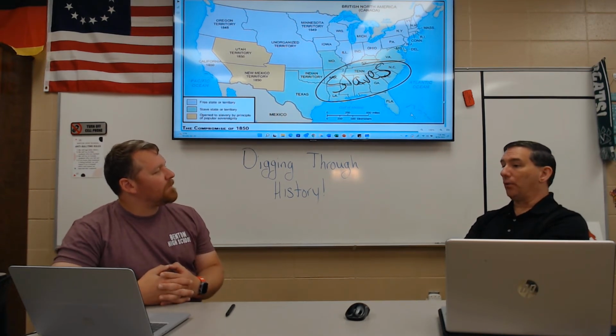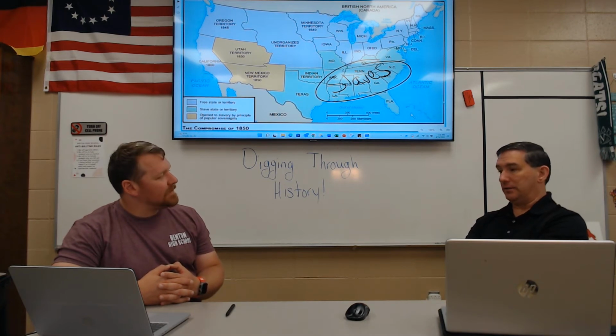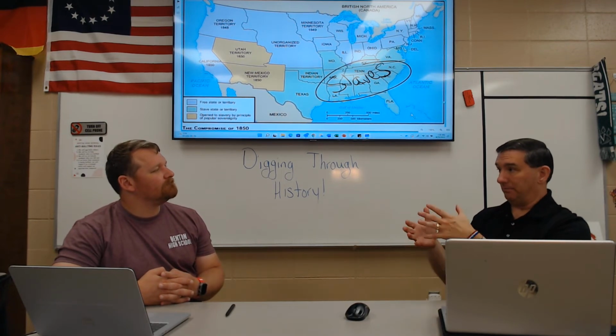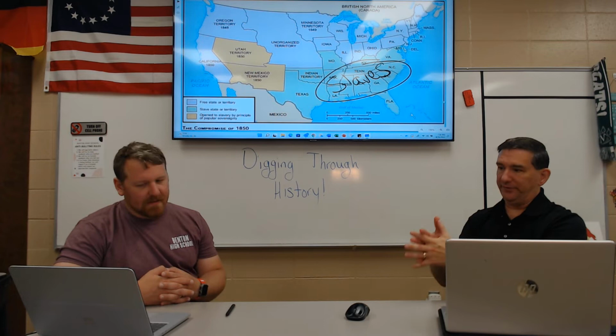Well, yeah, there's a growing problem in the South as the 1830s and 40s progress. We talked about the Senate as that place where the battleground is really faced in politics.